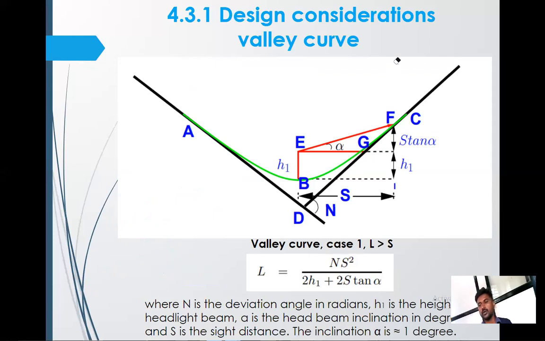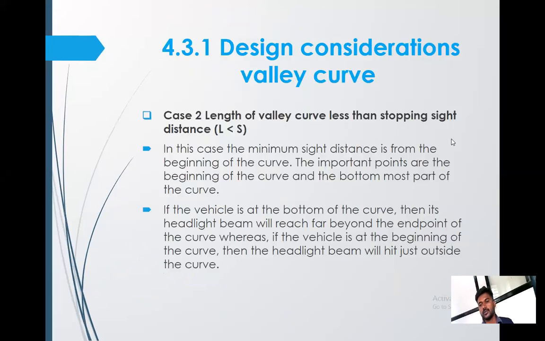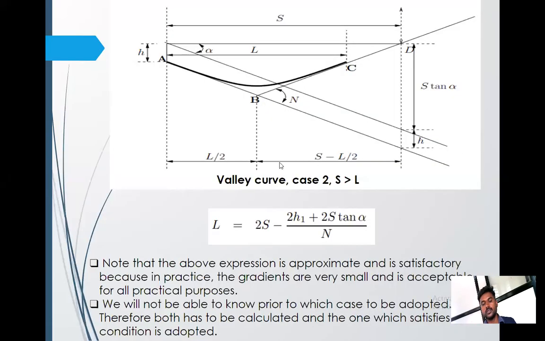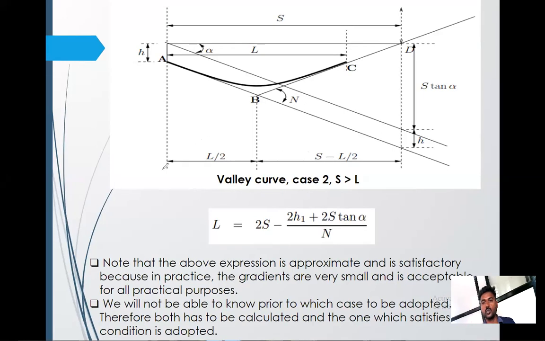Okay, we will see now the second case. Case 2, write down L is less than SSD. Length of valley curve is less than SSD. Write down the formula.